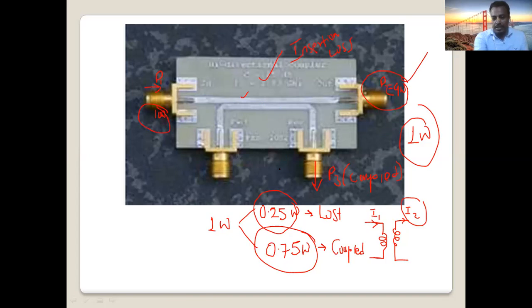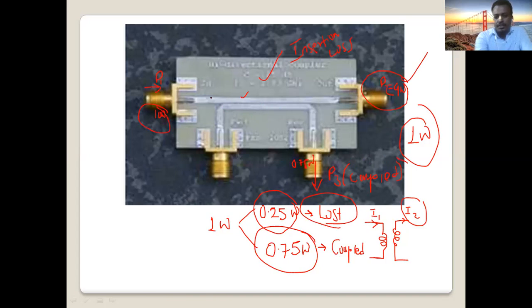The remaining 1 watt, 0.25 may be lost as attenuation. 0.75 watt, we get it where? Coupled port, P3. So P3, 0.75 watt.